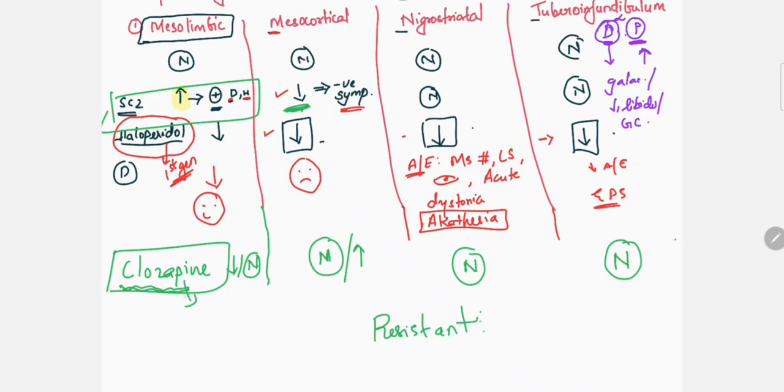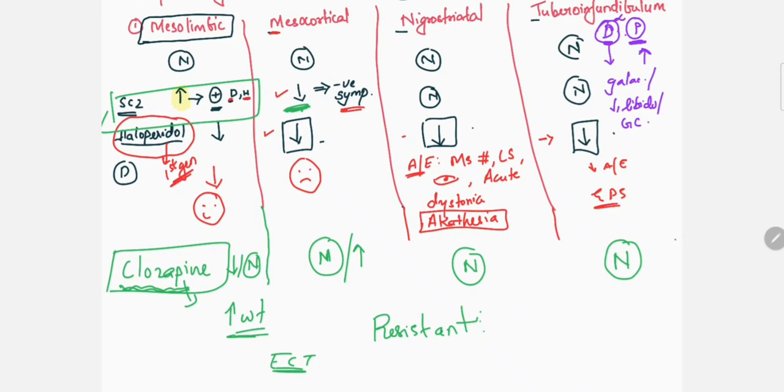But one side effect with clozapine is weight gain, which is an important side effect. Even when clozapine is not working, the final choice you're left with is ECT, electroconvulsive therapy.